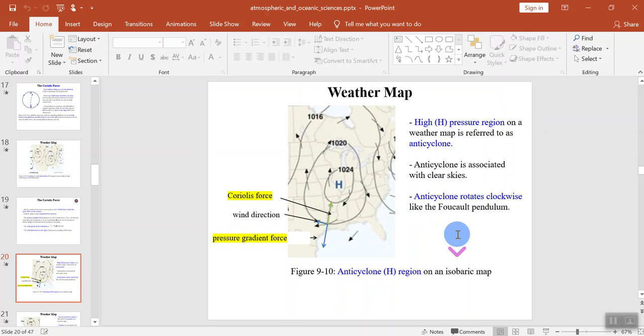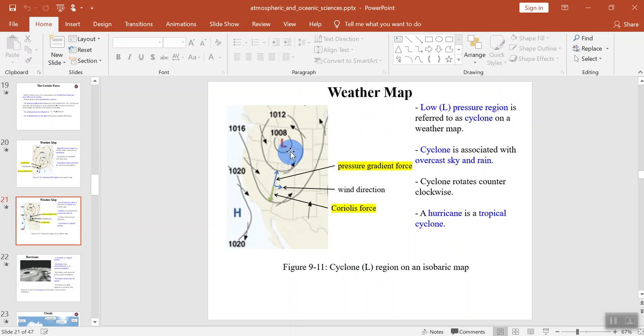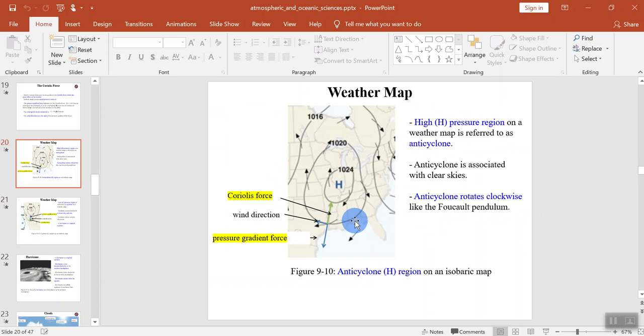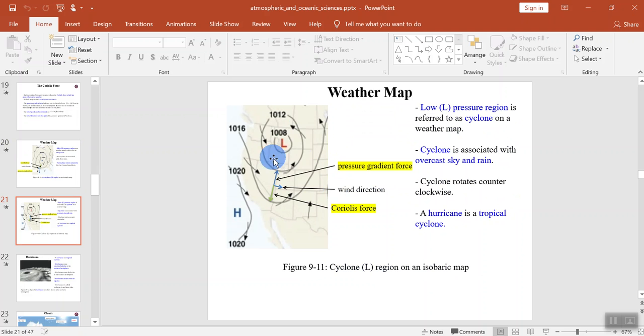All right. Let's look at the low pressure formation, referred to as a cyclone, which is associated with overcast sky and rain. Cyclone rotates counterclockwise. Here is counterclockwise, and here is counterclockwise.